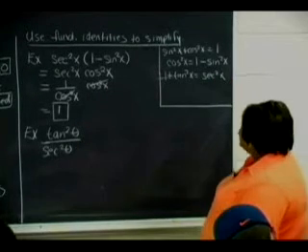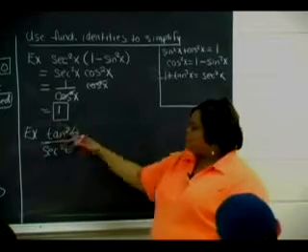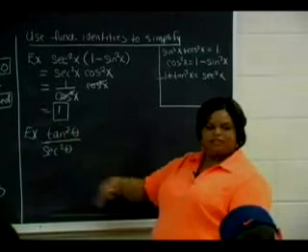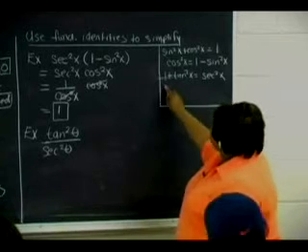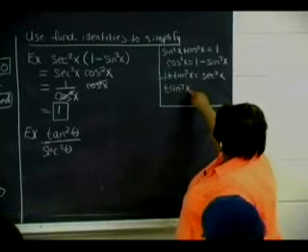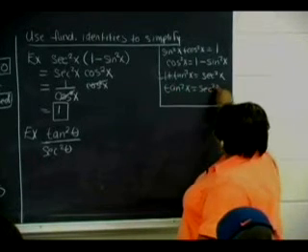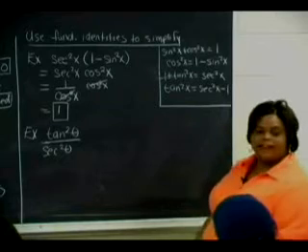Which means that I can get some secants up here and just deal with secants. So this means that tangent squared x is secant squared x minus 1, right?